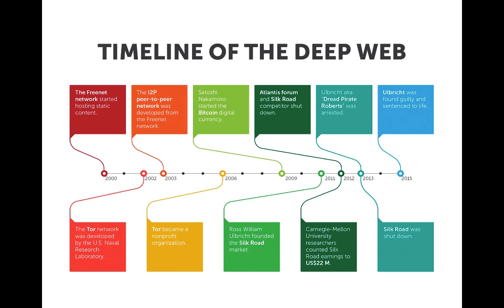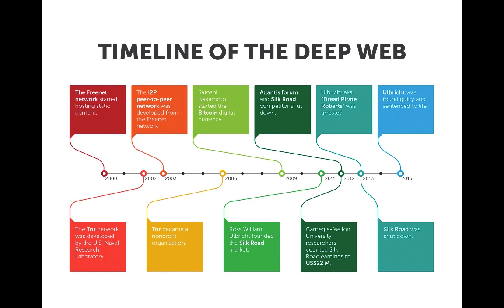In 2009, Satoshi Nakamoto started the Bitcoin digital currency, which is widely used by criminals and traders to buy and purchase legal or illegal things. The basic advantage of using Bitcoin is that you will be anonymous. The identity of the user will be anonymous, and no one can track that person down.